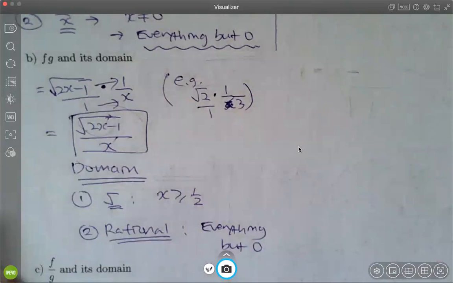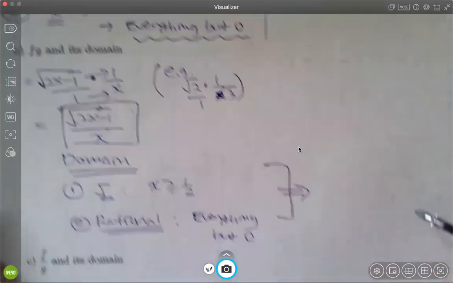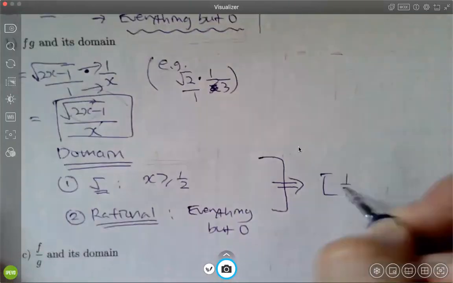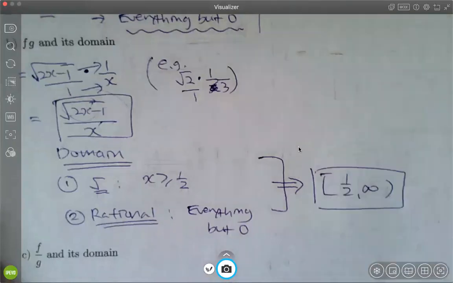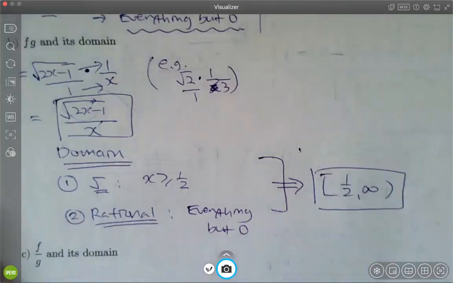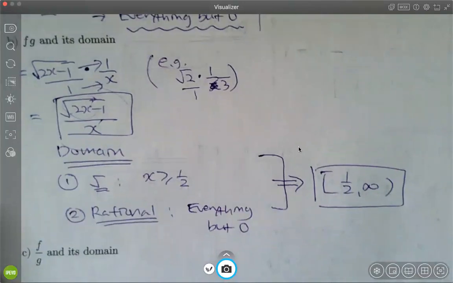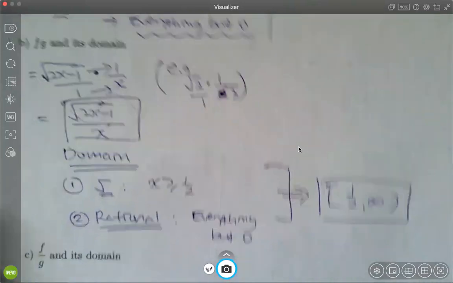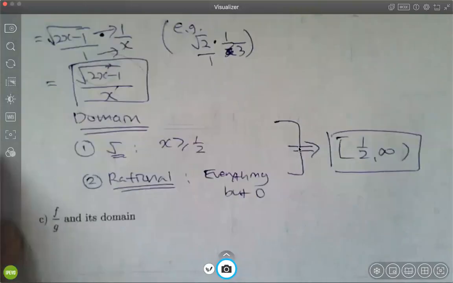So what should be the domain of everything then? Also same as before, right? Because even though the function looks different, it consists of the same kind of pieces, so that's why the domain is the same. Okay.